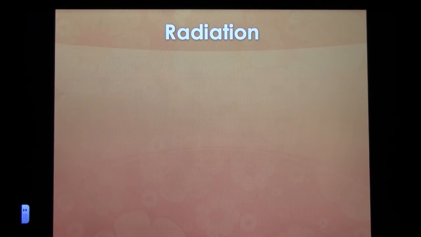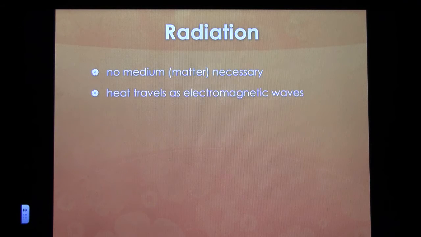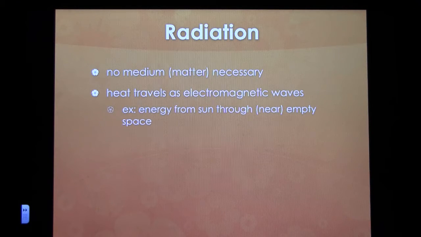Radiation occurs when heat travels as electromagnetic waves, such as those that travel from the sun to the earth, through empty or nearly empty space, which is known as a vacuum. Examples of such electromagnetic waves are visible, infrared, and ultraviolet waves.